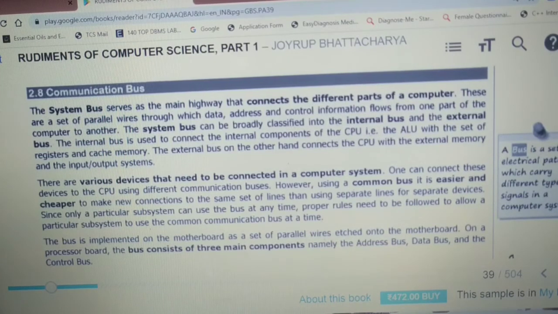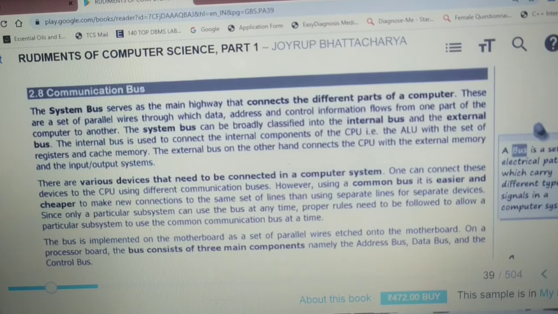To set up this communication we require the bus. The system bus serves as a main highway that connects the different parts of a computer. These are a set of parallel wires through which data, address and control information flows from one part of the computer to another.